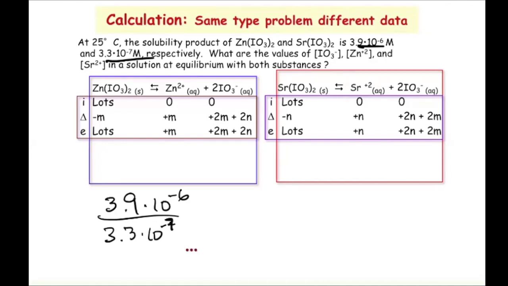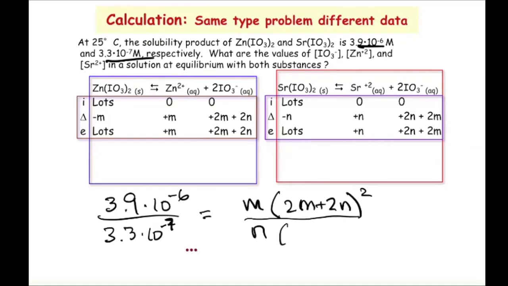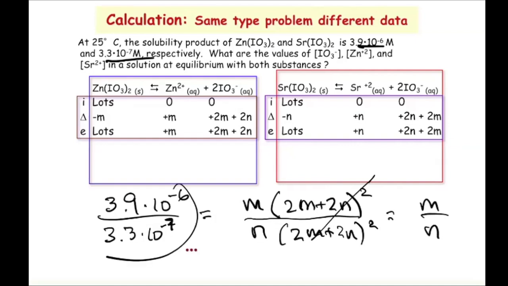So this is equal to the zinc, and the zinc is M times 2M plus 2N squared. And then the smaller value is the strontium, and that's N. That's 2M plus 2N squared. This term cancels. It's just M over N equals whatever that ratio is. The rest is math. Okay, and so that's what you see right here.